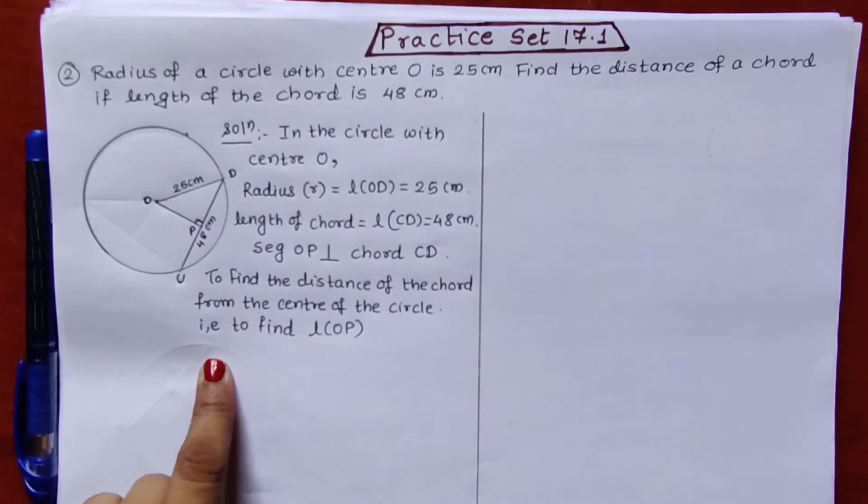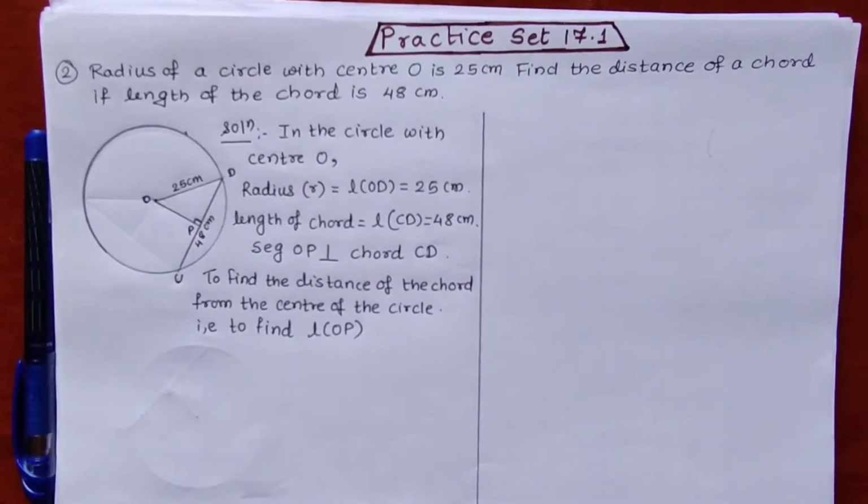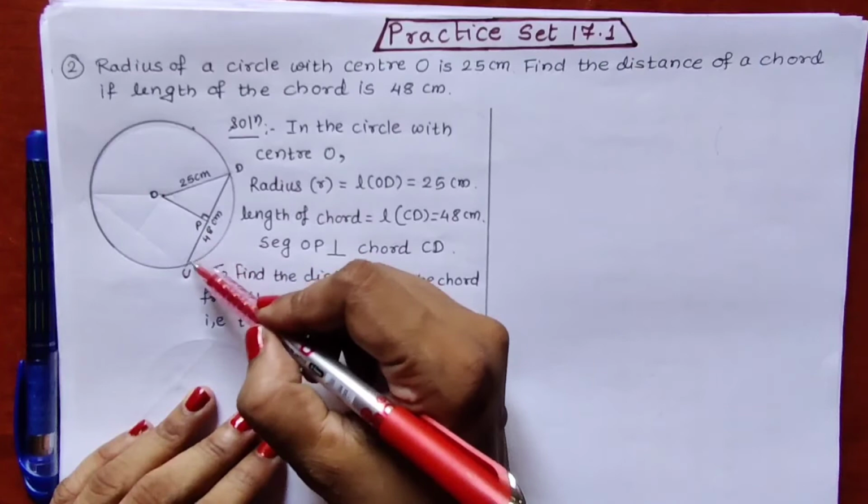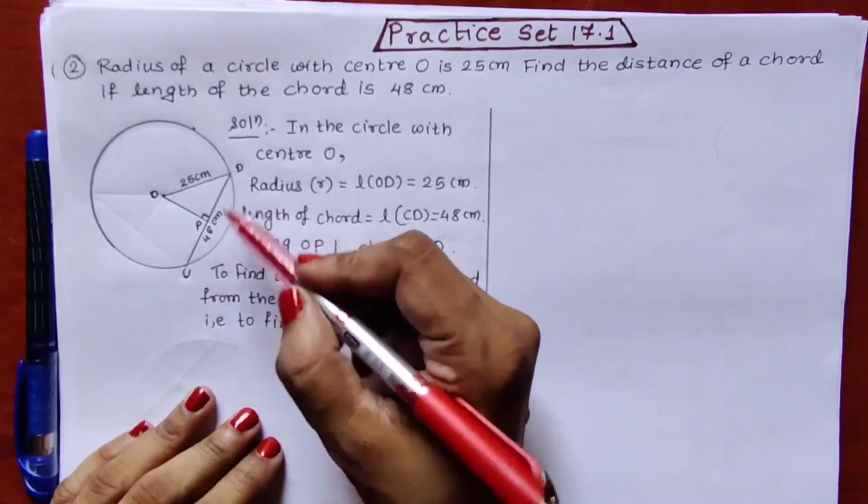Now we will be using a property. Which property? We all know the perpendicular drawn on the chord from the center of the circle bisects the chord. That means it makes two equal parts of this chord.